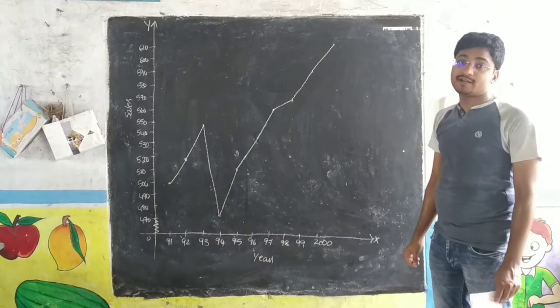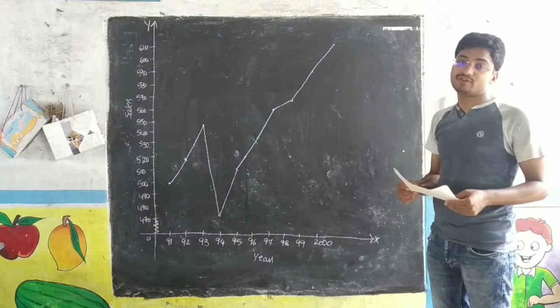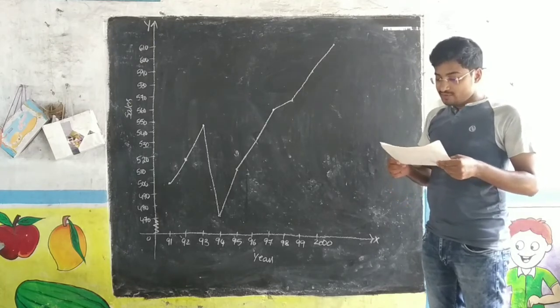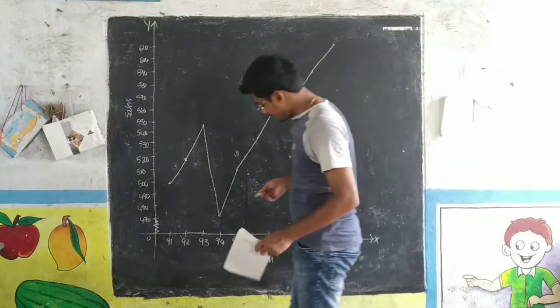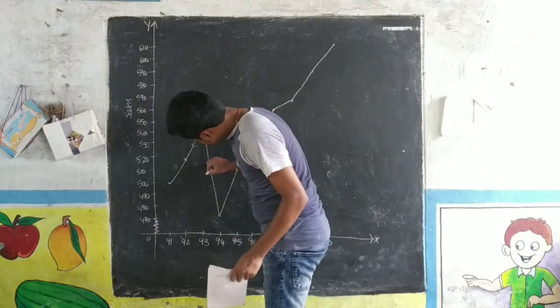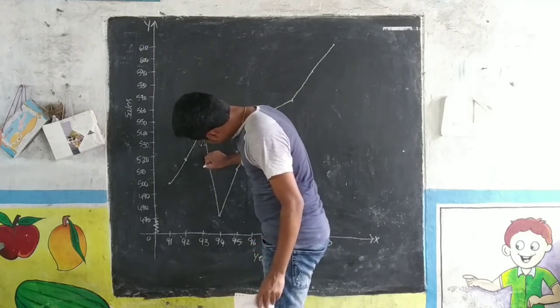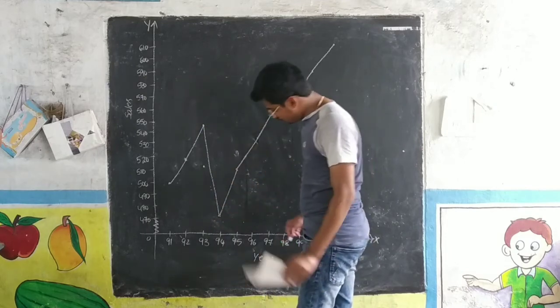Next we have to draw a trend line by using the third and fourth columns. What are the third and fourth columns? 5 yearly moving average values and expected year. First expected year is 1993, corresponding average value is 510. Next expected year 1994, value 518.